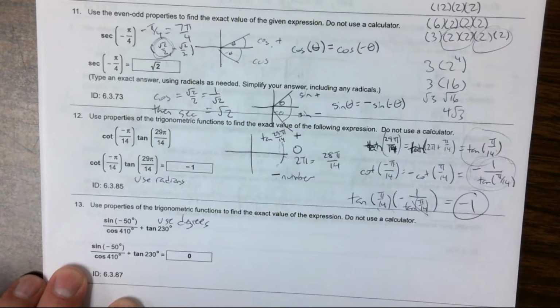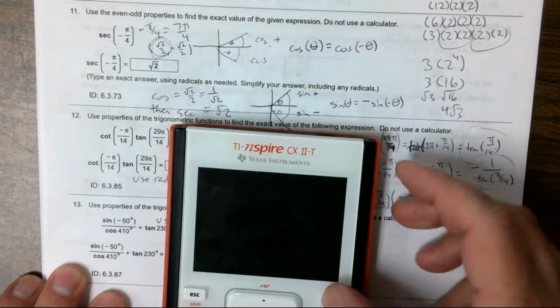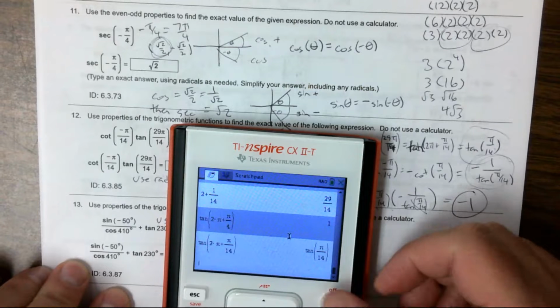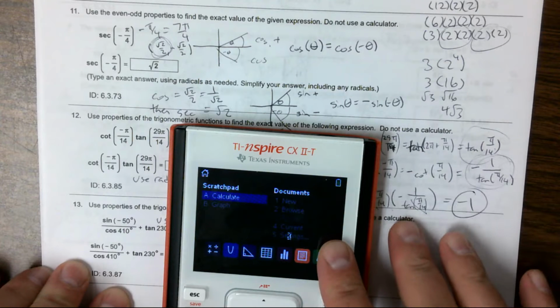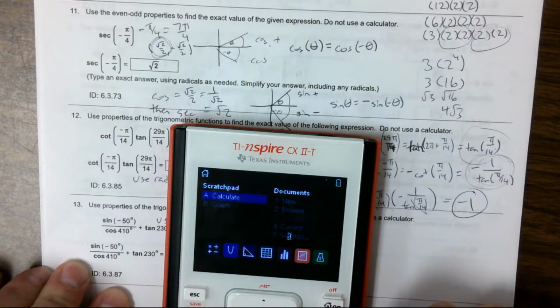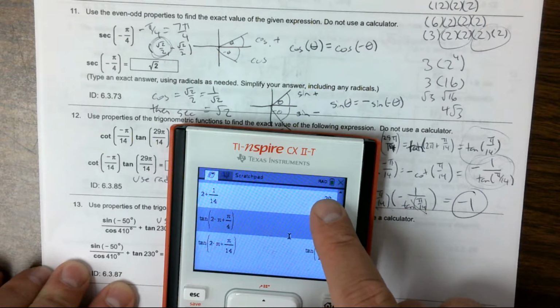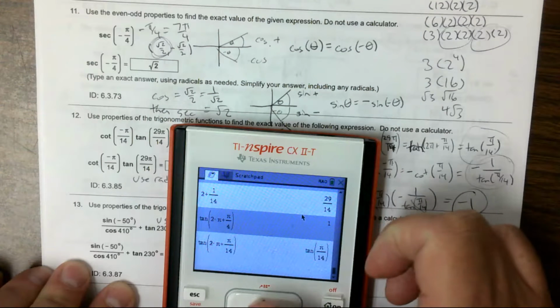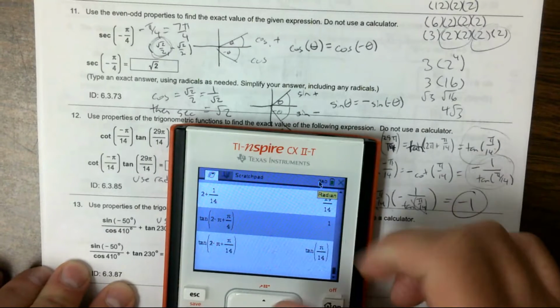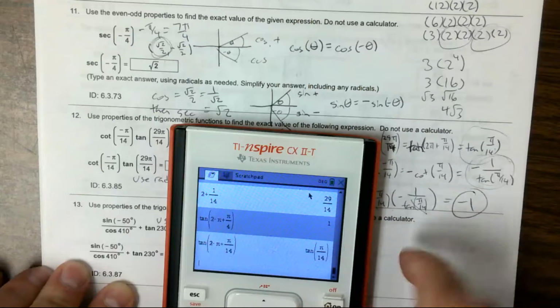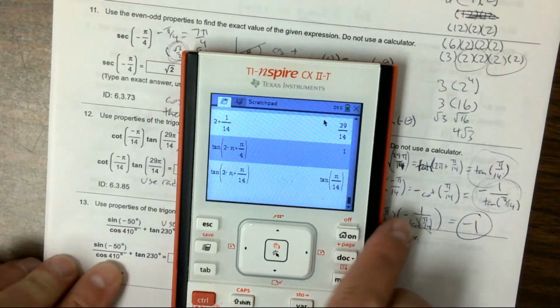As a reminder about how you switch them around, from your home screen, you go to calculate, and here you can see I'm in radians because it's rad. And if I click up here like this, that puts me in degrees. So then I could say sine.